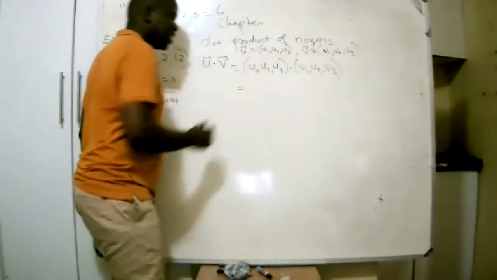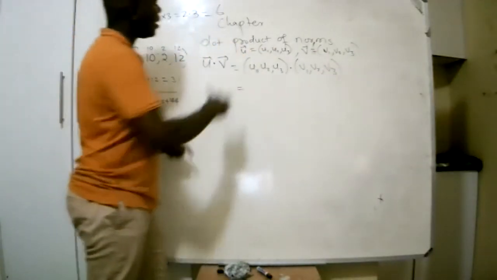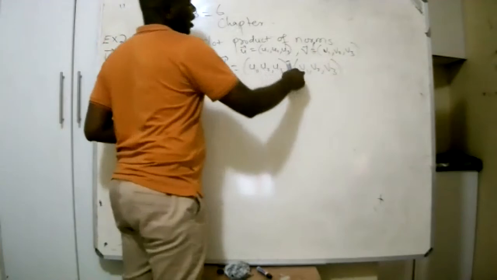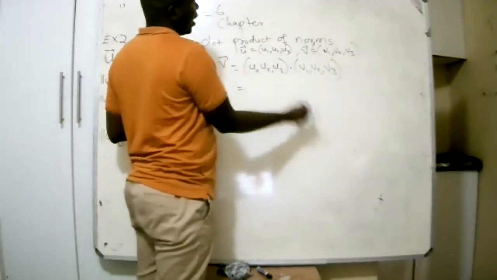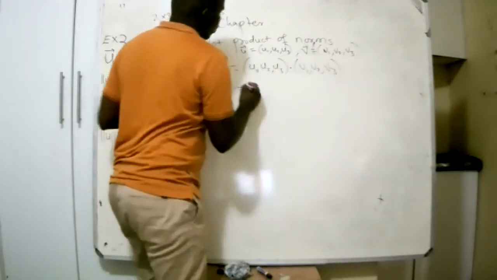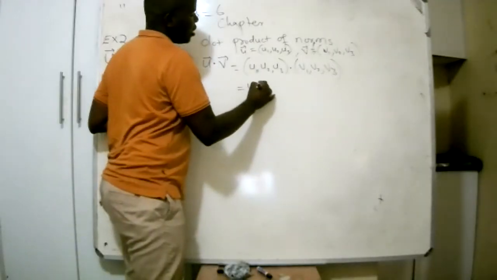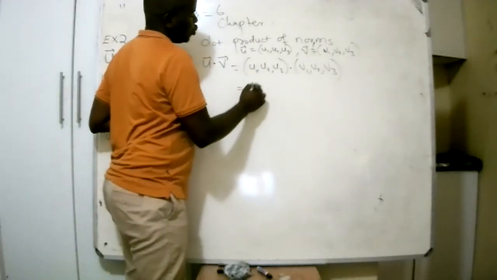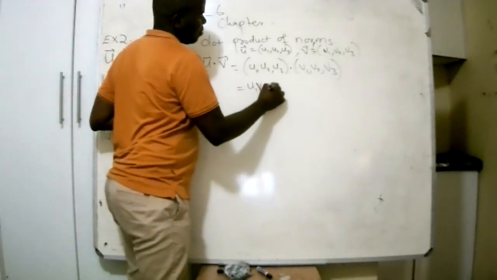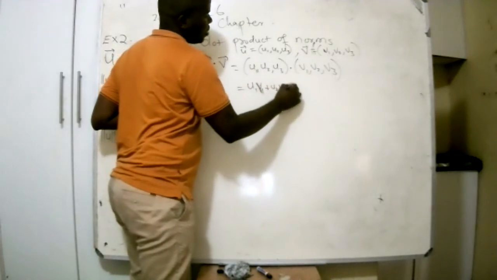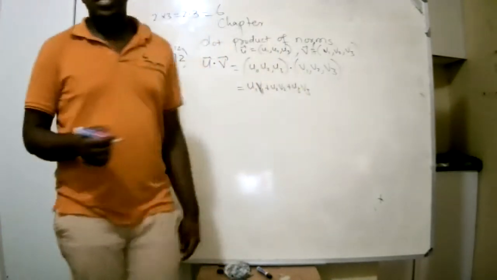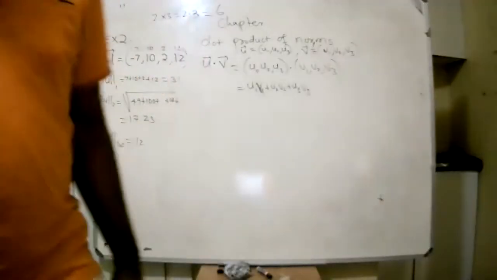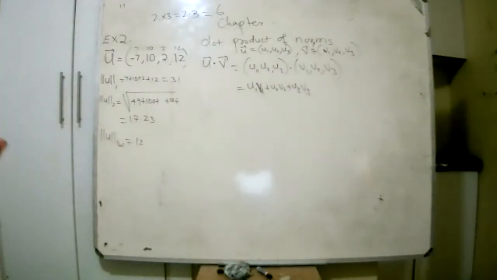The dot product is given by multiplying this component with that component, and you add, you multiply this component with that component, and you add, and you multiply this component with that component. So you're going to get u1v1 plus u2v2 plus u3v3, and that is how you get the dot product of two vectors.